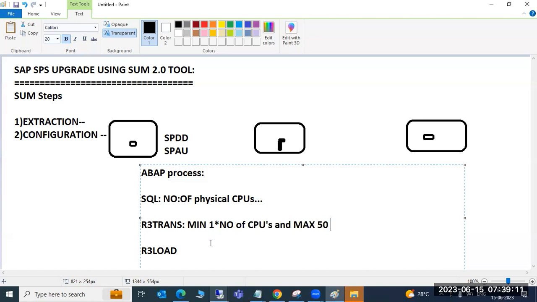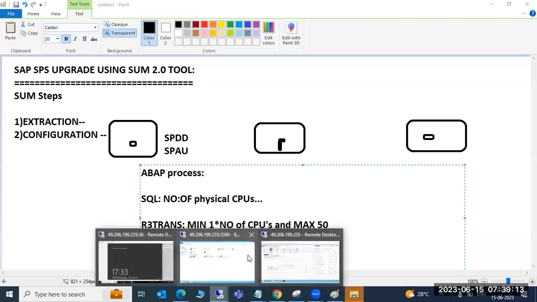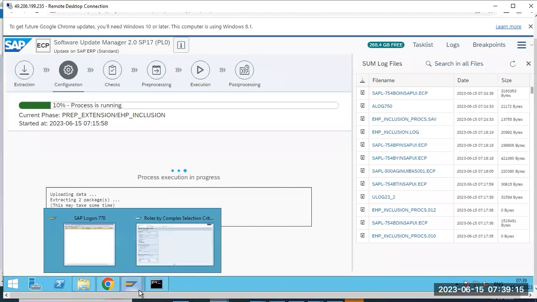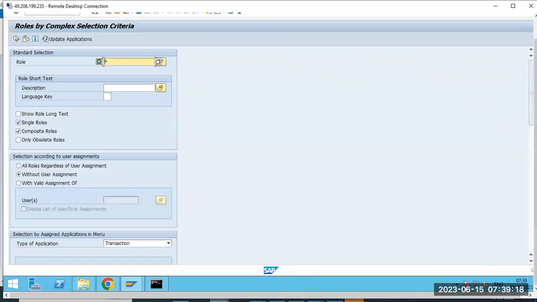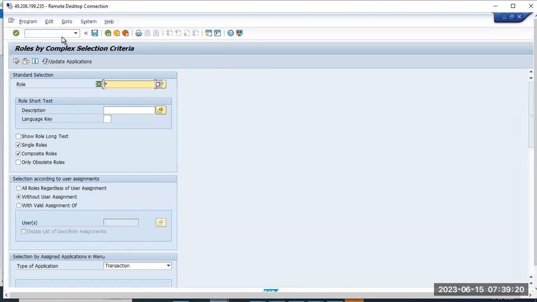Minimum is the number of CPUs. How can we get the number of CPUs? At SAP level, how to check the CPU utilization, ST06, right? In ST06 we can see how many CPUs there are, and we can give that many here.